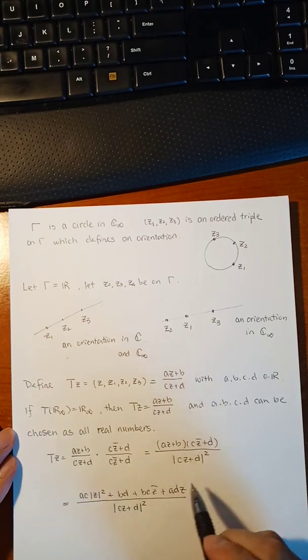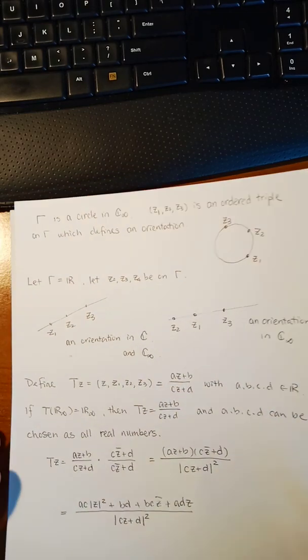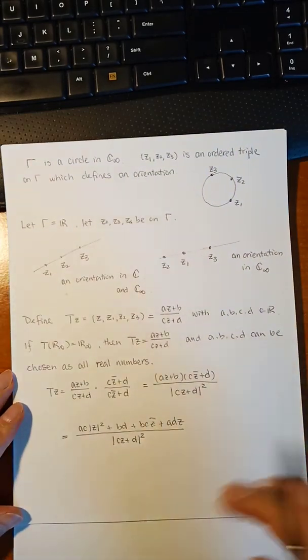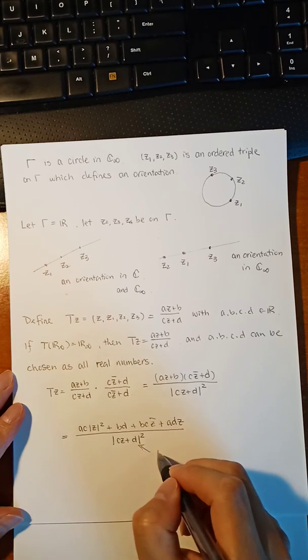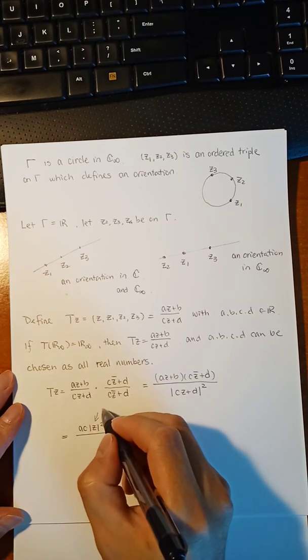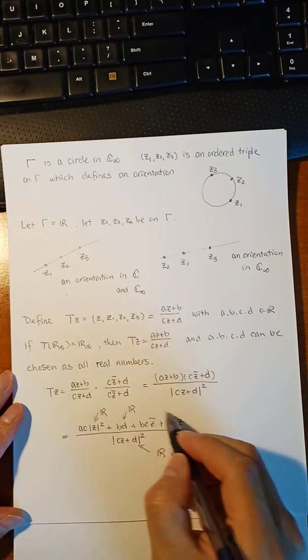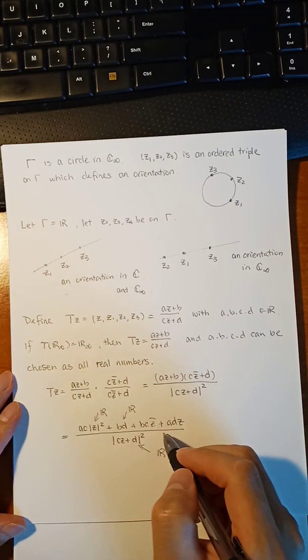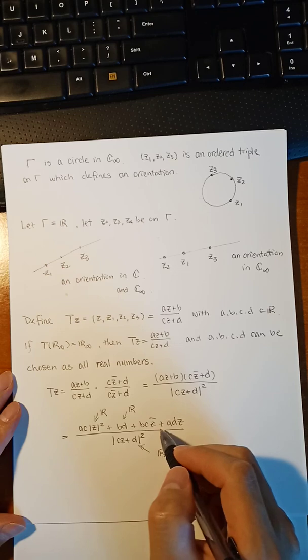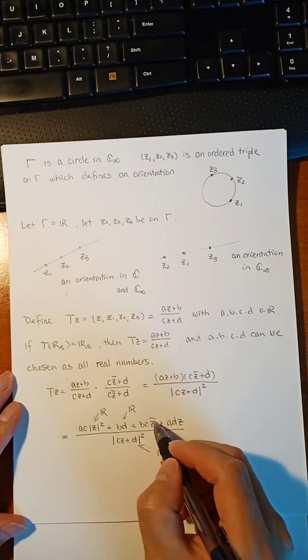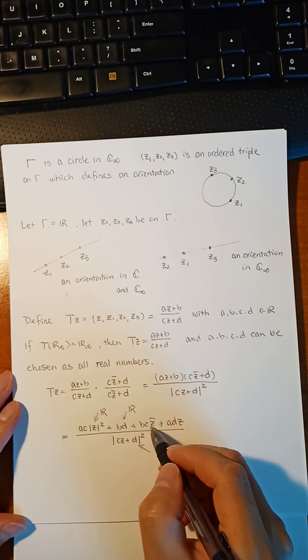Just plain multiplication. Okay, and then let's check. This is real. This is real. This is real. Only this part will provide the imaginary part, right? Only here. And you have Z bar, you get a negative sign.